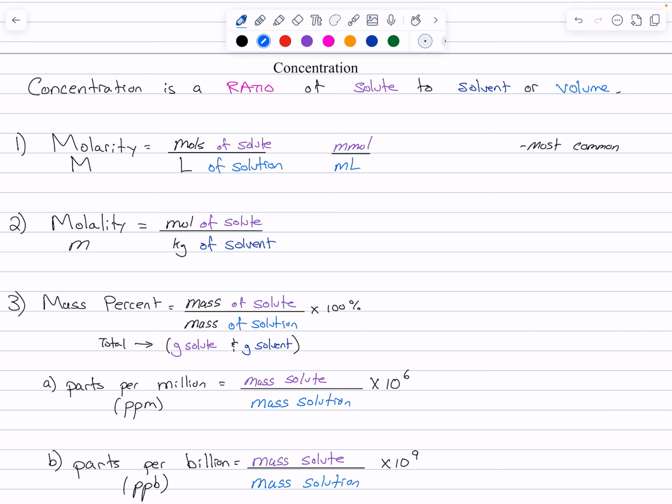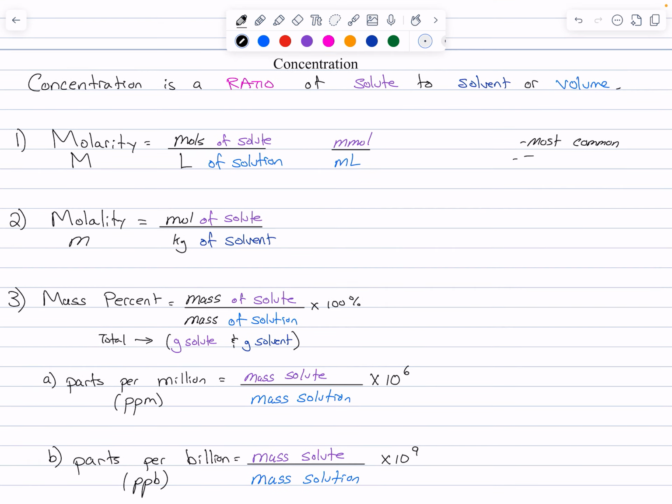Now this one is also temperature dependent. And why is it temperature dependent? Well, because the volume is temperature dependent. But what we like about this, when we use molarity in lab and we measure a volume, is that I can take volume times molarity and I get moles.